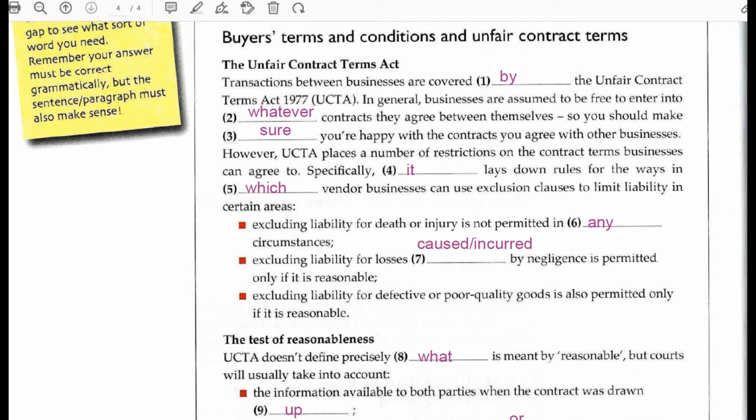Excluding liability for losses caused or even incurred by negligence is permitted only if it is reasonable. And excluding liability for defective or poor quality goods is also permitted only if it is reasonable as well.